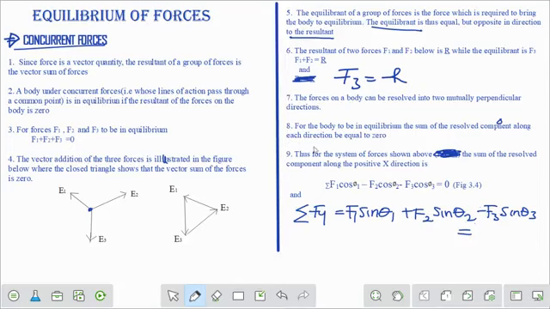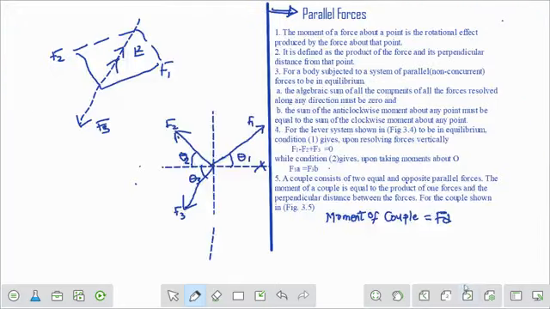Thus, for the system of forces shown above, the sum of the resolved components along the positive x-axis direction is summation Fx = F1 cos theta 1 minus F2 cos theta 2 minus F3 cos theta 3 equals 0. Then we have summation Fy = F1 sin theta 1 plus F2 sin theta 2 minus F3 sin theta 3, and this also is equal to 0.